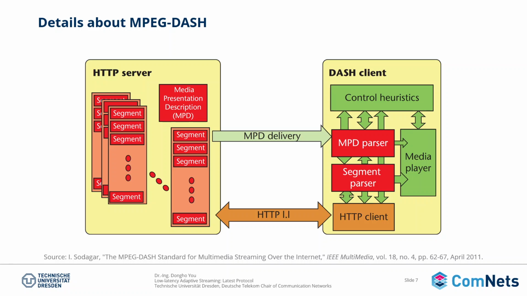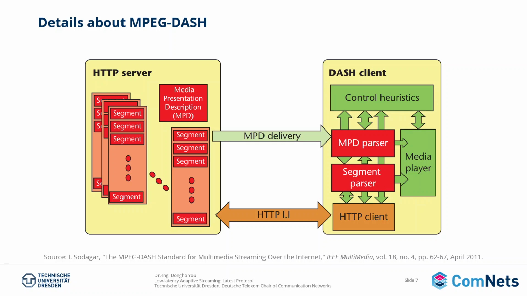Also, without receiving and parsing the MPD, we cannot request even one segment from the YouTube server. So we can simply think that MPD is everything for MPEG-DASH adaptive streaming.